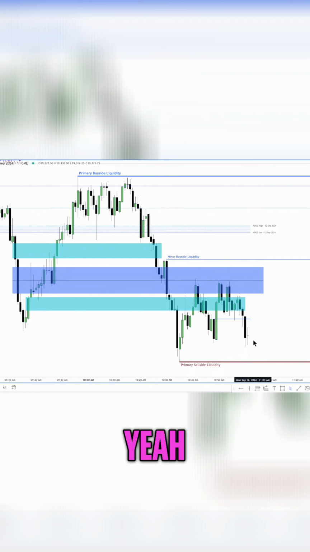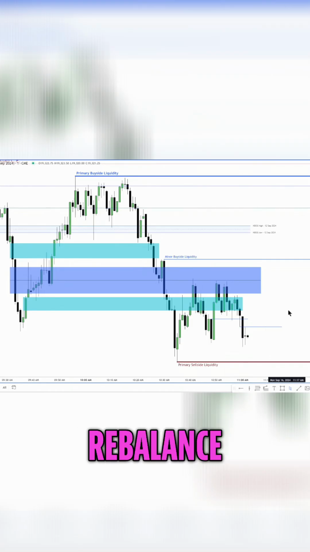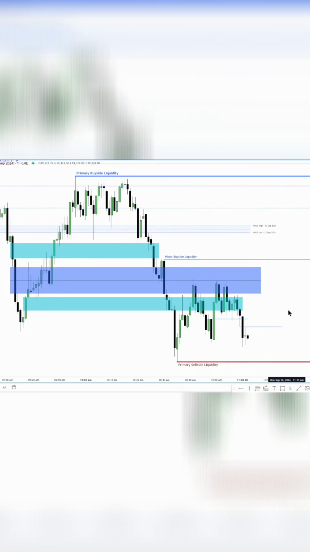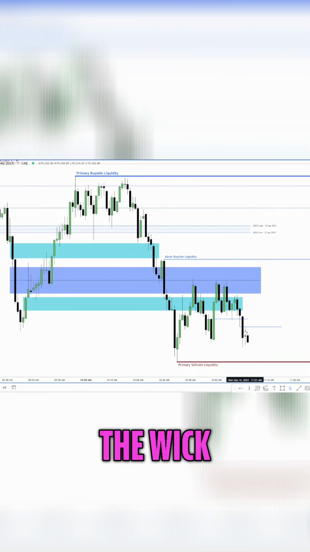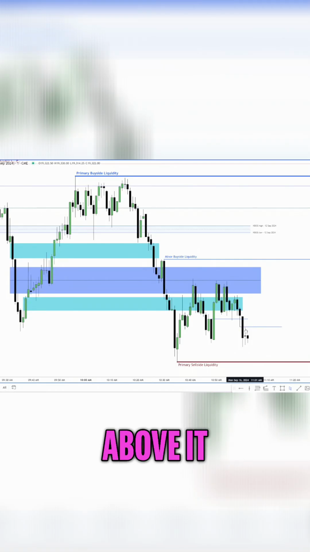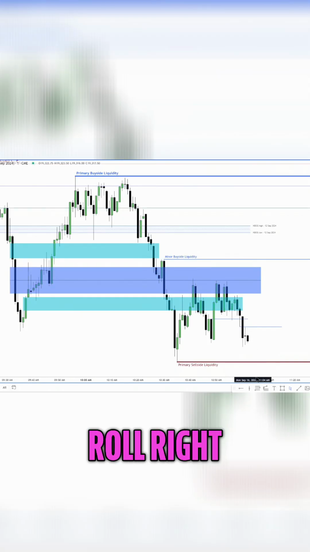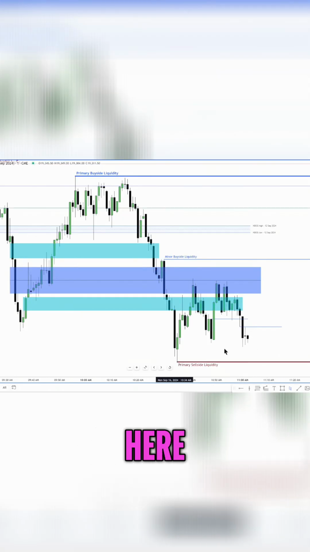Yeah, not much of a gap now. Yeah, I'd consider that immediate rebalance. I'm watching the wick in here. If it can stay in the lower half of it and not trade above it or an upper half without taking out that high, it should roll right over and attack that low here.